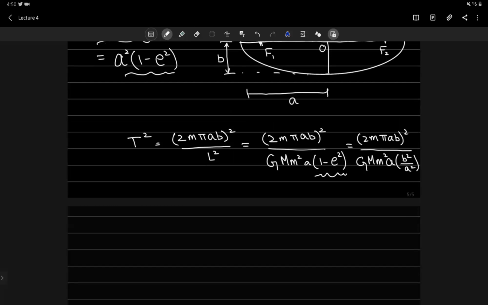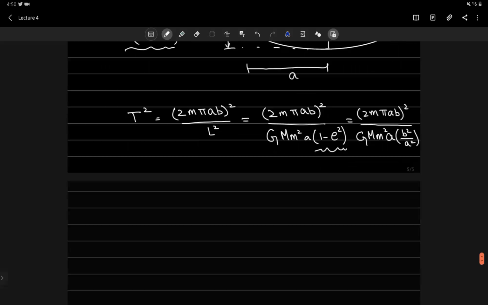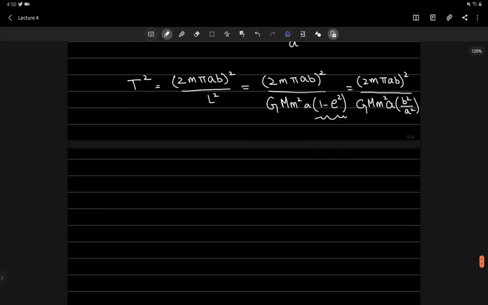From this, मेरे पास what I have is I can simplify this equation as left hand side पे हमारे पास t squared था, right hand side पे हमारे पास 2 का square 4 हो जाएगा.